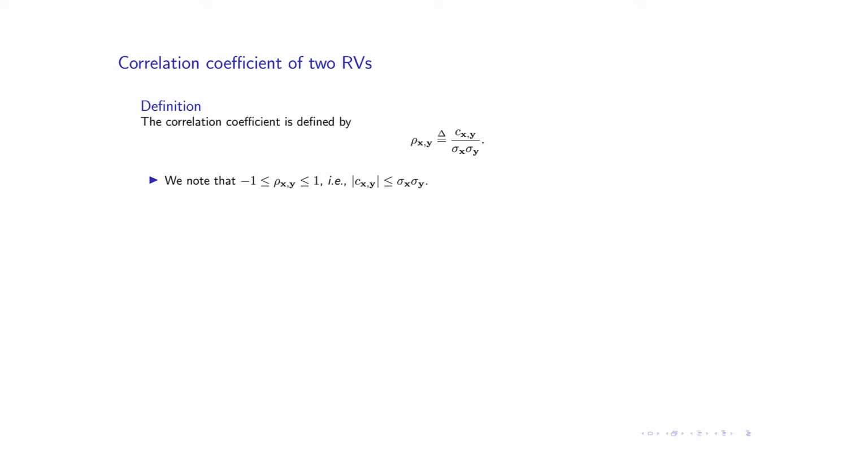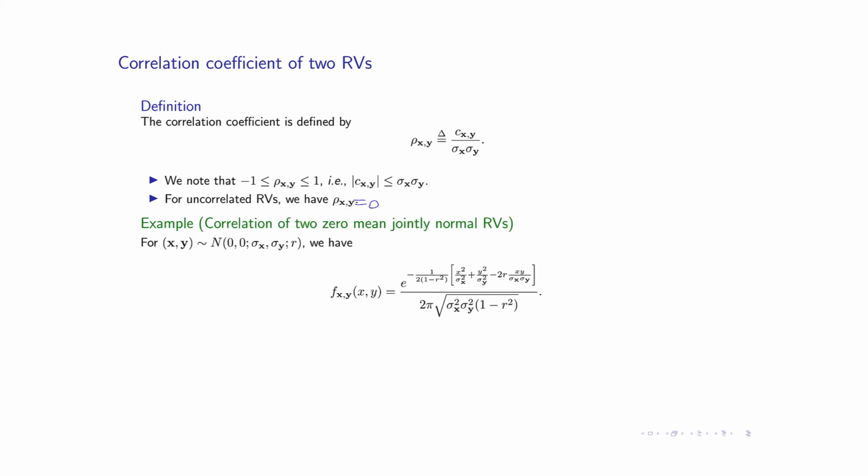As an exercise, try to prove this using the properties you have. If you multiply both sides by sigma x sigma y, you can show that this is always smaller than 1. For uncorrelated random variables, the covariance is 0, and therefore the correlation coefficient is also 0.